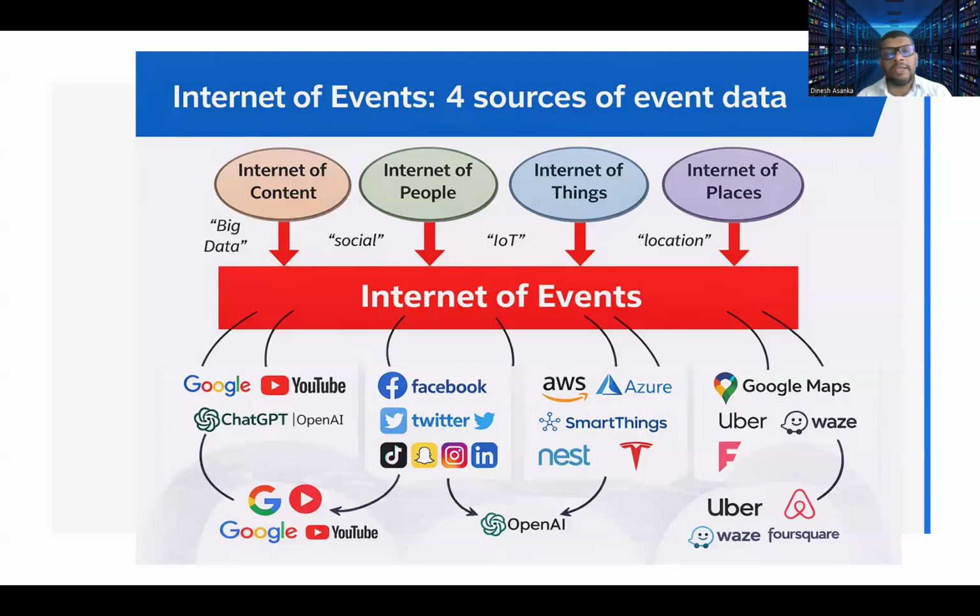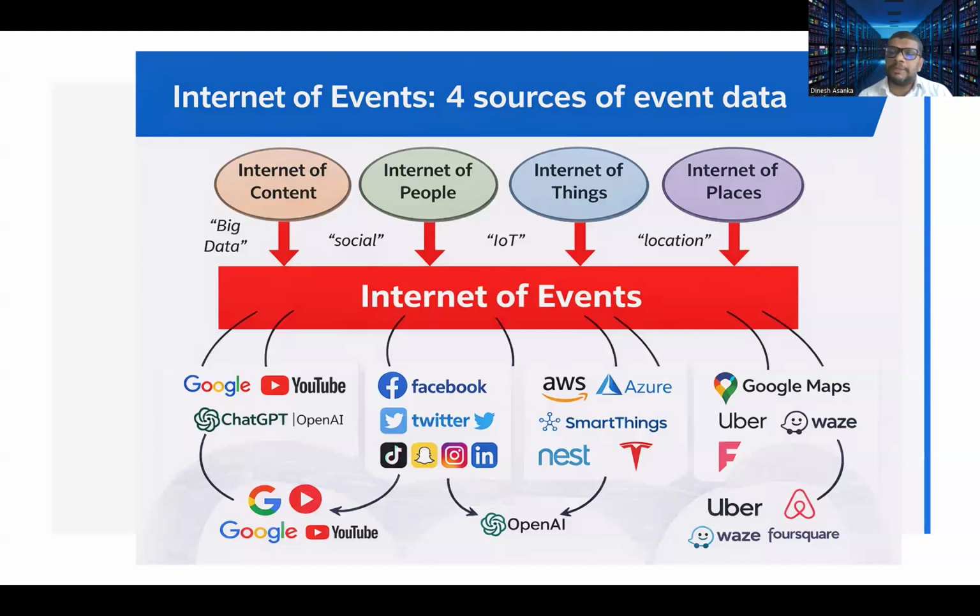When you look at the Internet of Content, you can see your YouTube data, which is also extremely large volume, high velocity, and a variety of data. The images and chats are all categorized as Internet of Content.